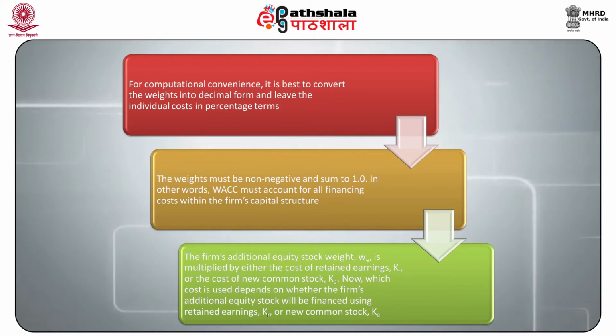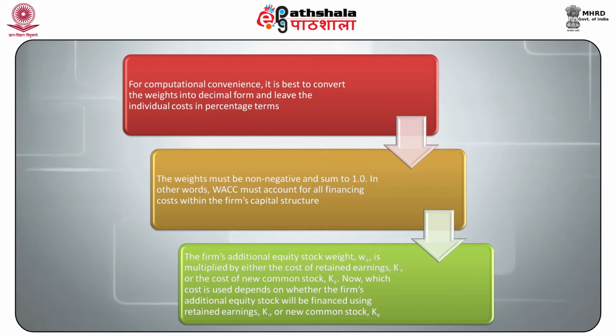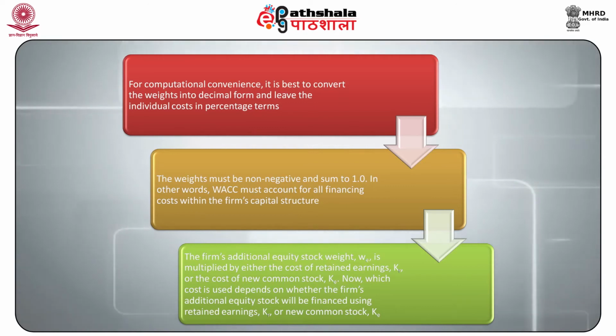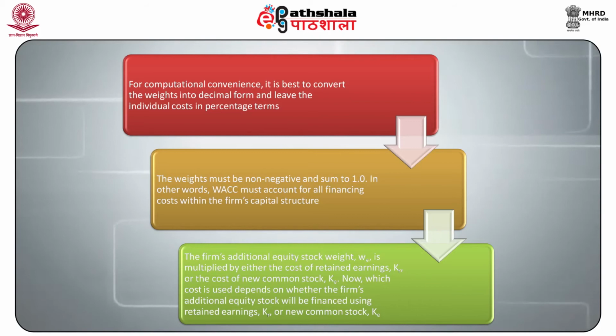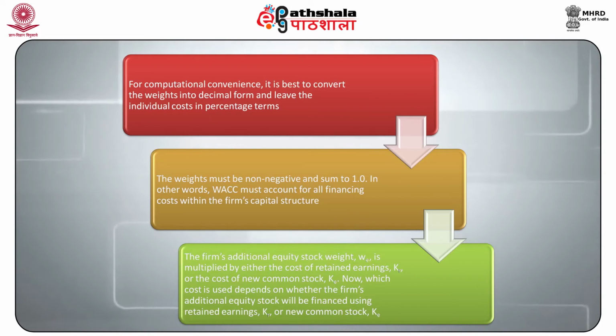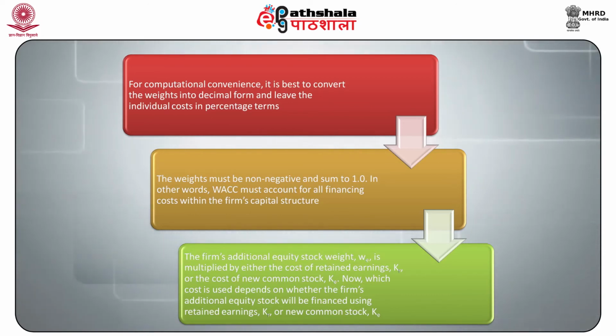And lastly, the firm's additional equity stock weight MWE is multiplied by either the cost of retained earnings KR or cost of new common stock KE. Which cost is used depends on whether the firm's additional equity stock will be financed using retained earnings KR or new common stock KE.